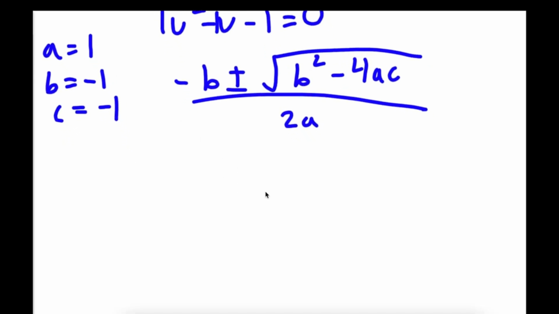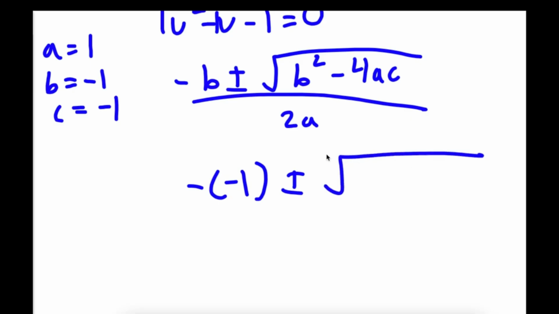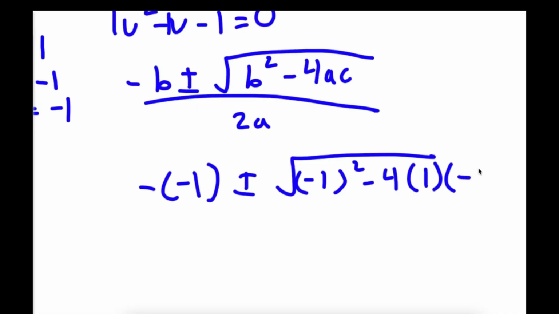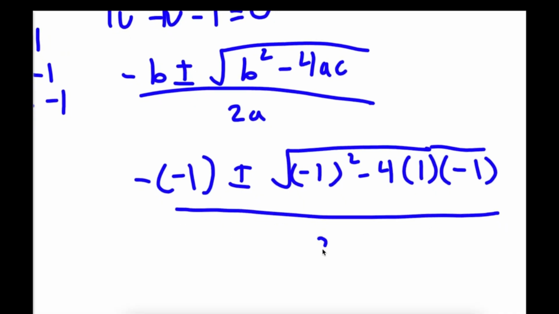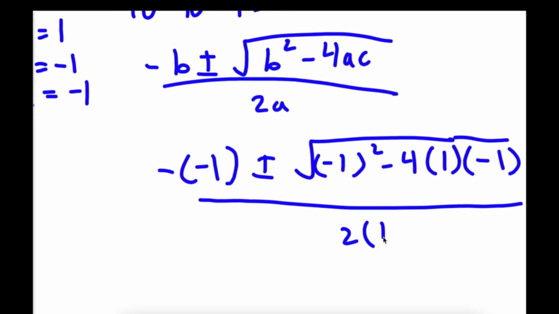Plugging this in, I get negative negative 1 plus or minus the square root of negative 1 squared minus 4 times a, which is 1, times c, which is negative 1, all divided by 2 times a, which is 1.